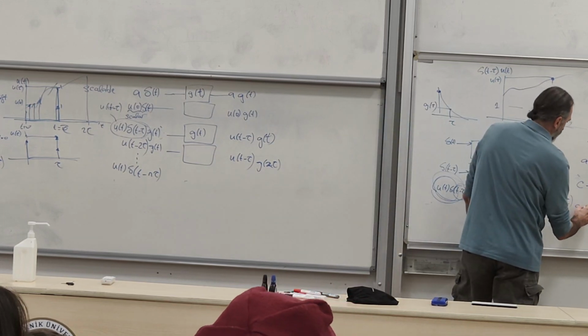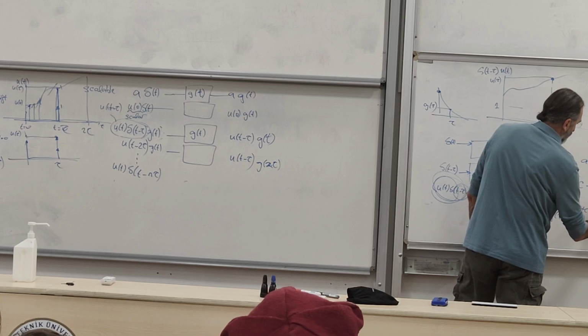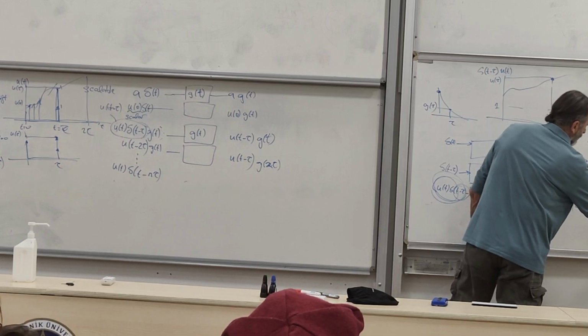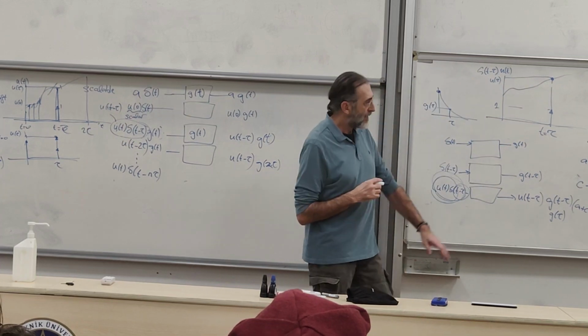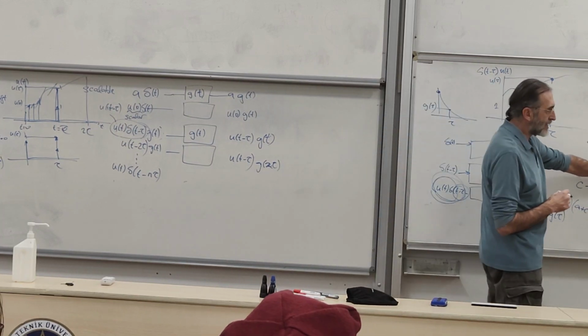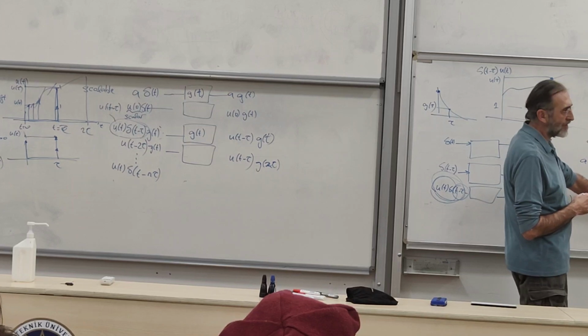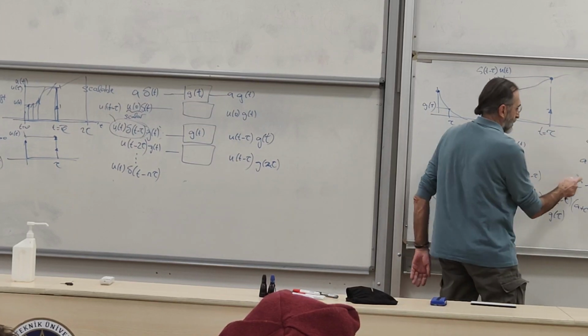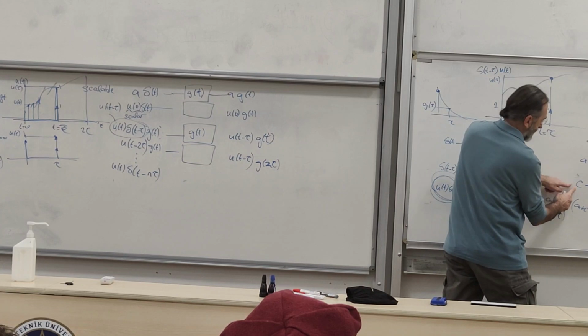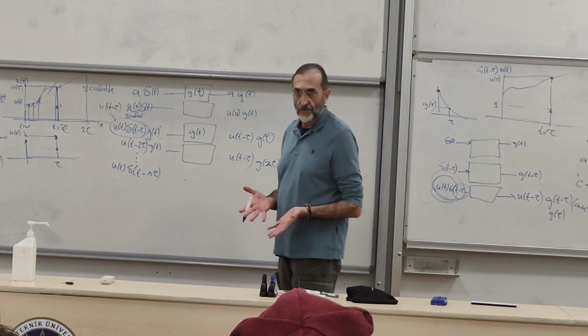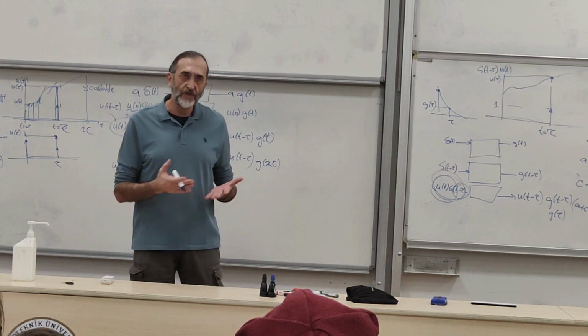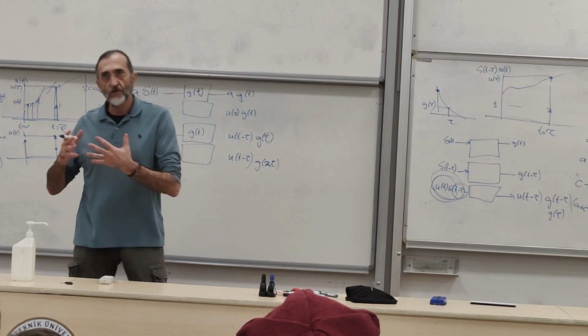Then A plus C as an input has to give you B plus D. That's superposition. You superpose the input and you superpose the output.